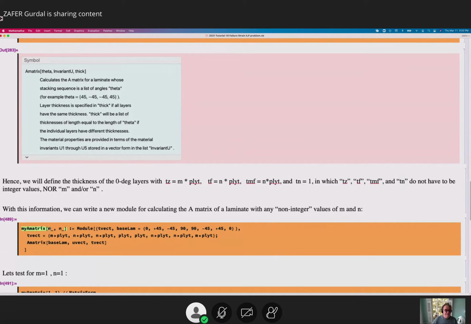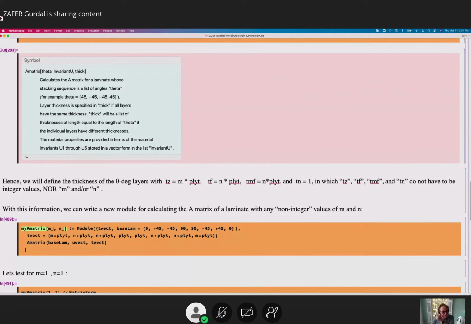And I put M in there and N in there as the number of plies of zeros and plus 45s or minus 45s. They are the same as one another. And I don't have to write integers here. They can take any continuous value.